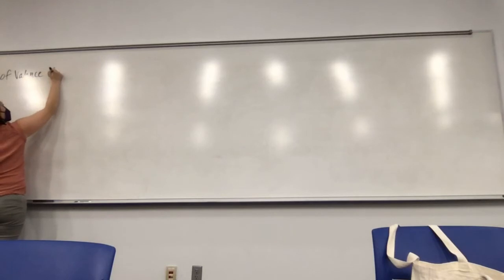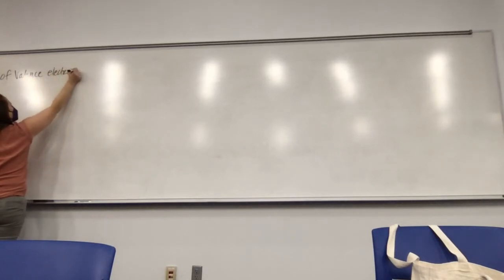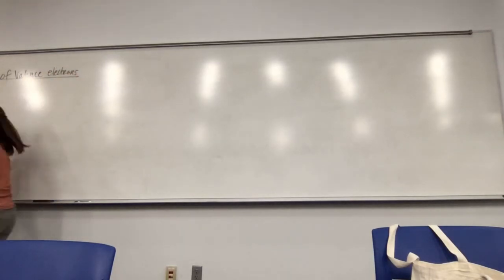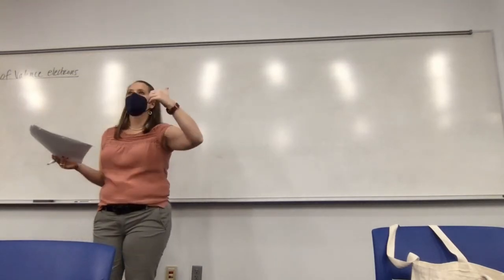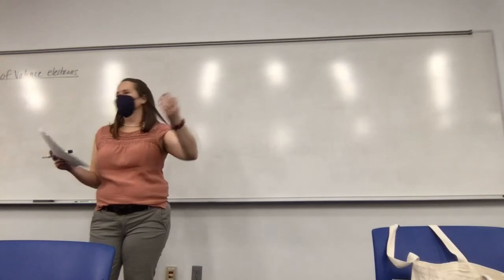So the first exception is an odd number of valence electrons. What we mean by that is that it has an odd number, meaning it has, not even.